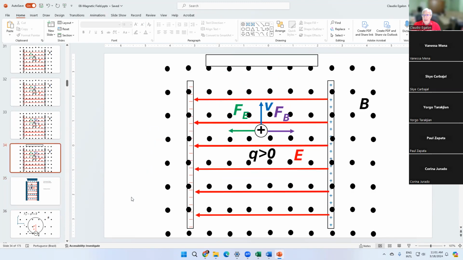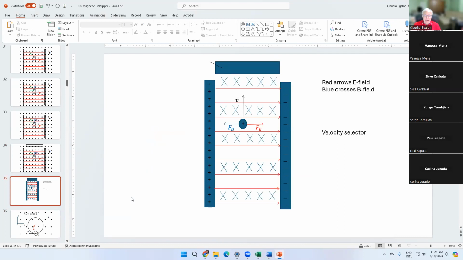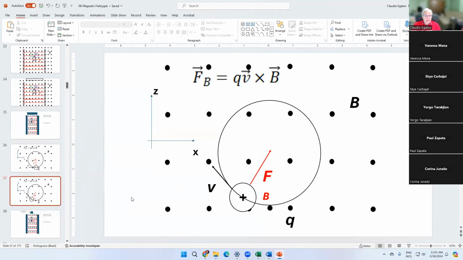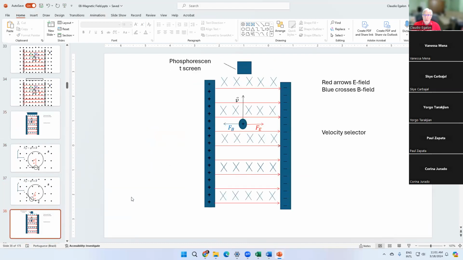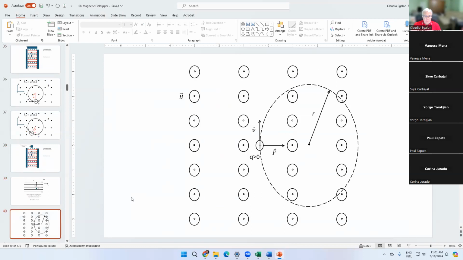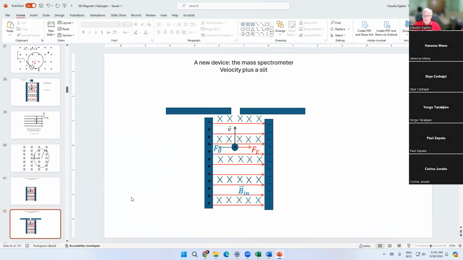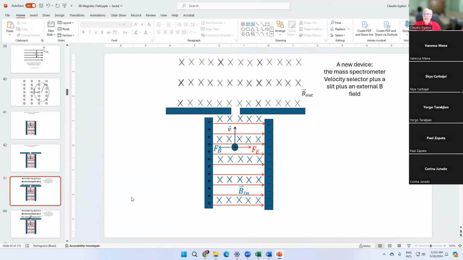An electric force right in here is preventing my charged particles from undergoing a uniform circular motion, right? But what if we have a magnetic field that stands beyond that volume, right? That's the one. A new device, the mass spectrometer.